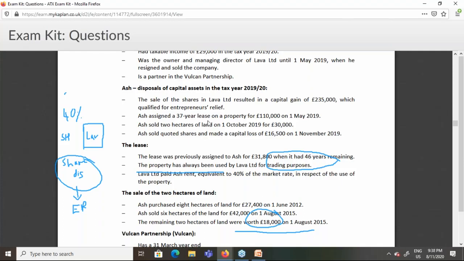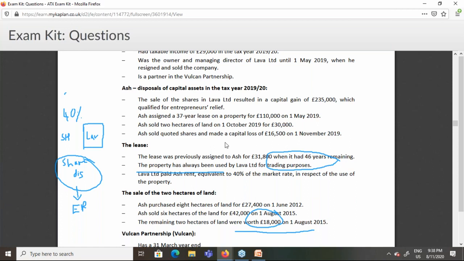You can occupy it for 46 years. Then you used it for some time, and then you decided to sell your lease right when there is a remaining life of 37 years. So actually you have used it for 9 years, and then you decided to sell the lease right when it has a remaining life of 37 years.